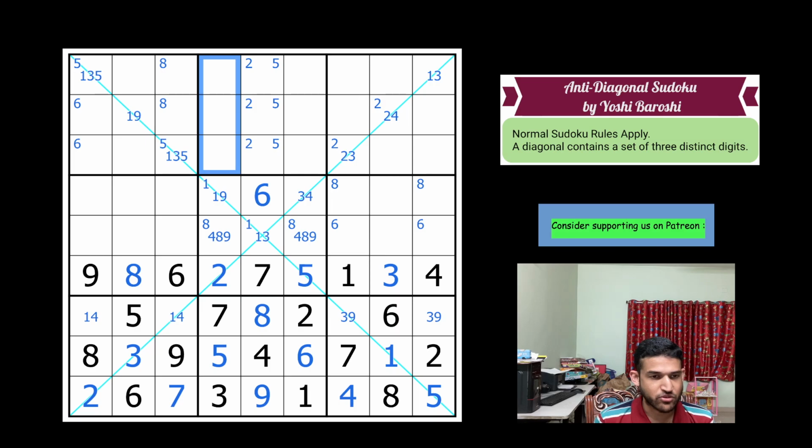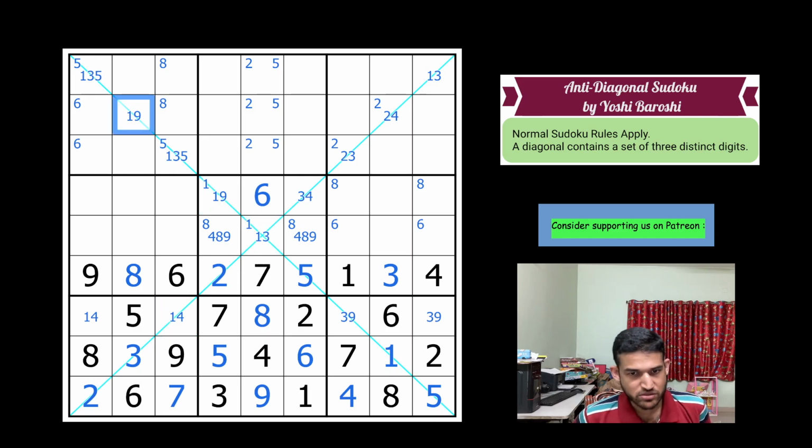Okay, if this is a 4, this would be a 4 and this would be a 4. That seems fine. Or if this is a 1, this would be a 1 and this would be 9. 9 goes here. Okay, all sorts of things are possible at this point.